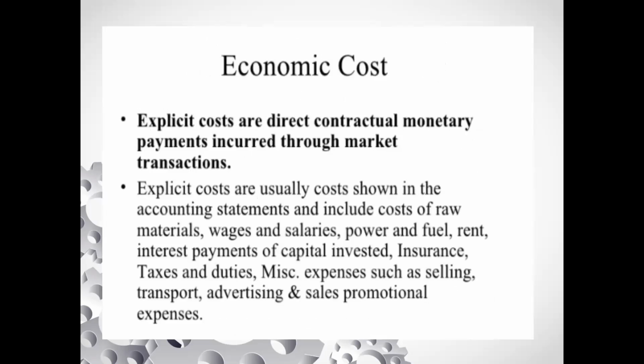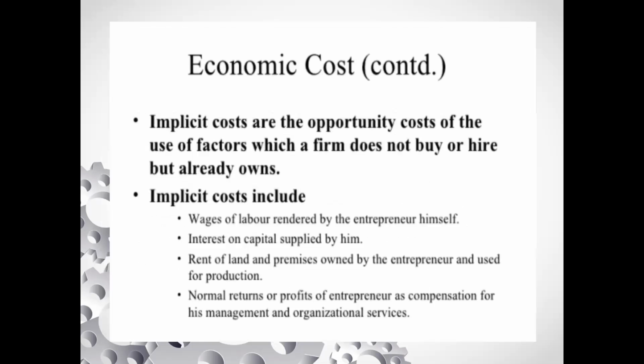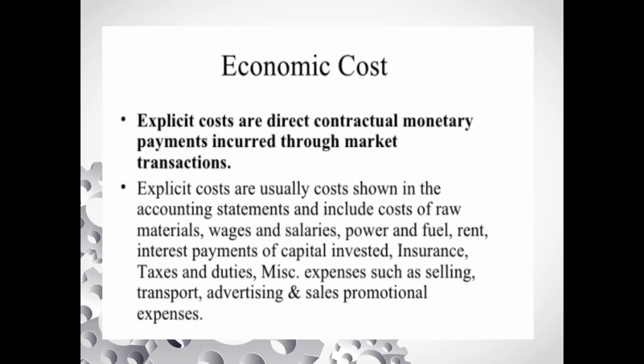And next is economic cost. We have two types of cost, implicit cost and explicit cost. First we'll see what is explicit cost. That is the cost which refers to all those expenses made by the firm to purchase goods directly.